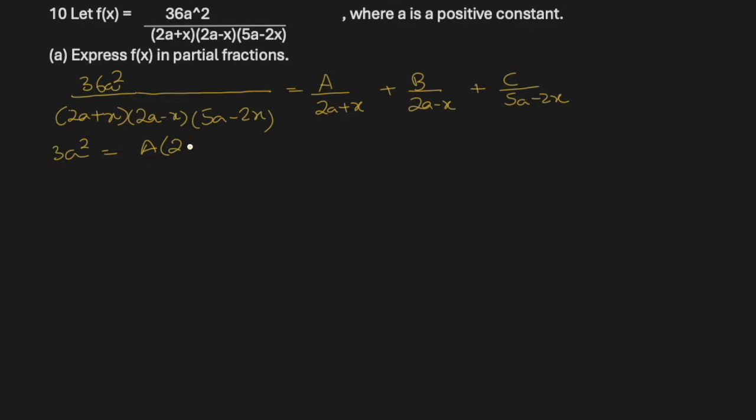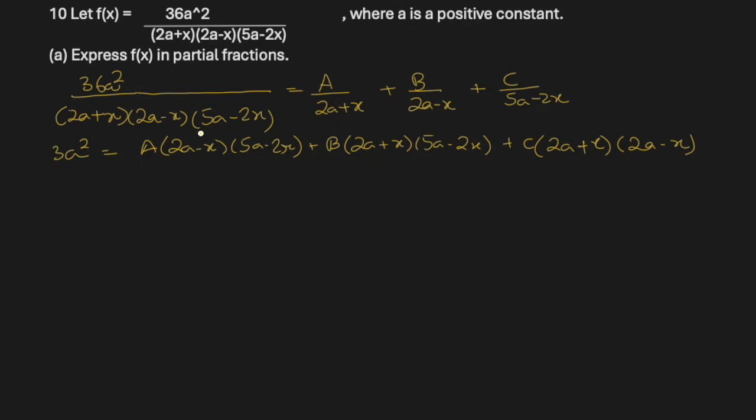Similarly, B we will multiply with 2a plus x and 5a minus 2x, and C obviously multiplies with 2a plus x and 2a minus x. Now we have to find the values of A, B and C.